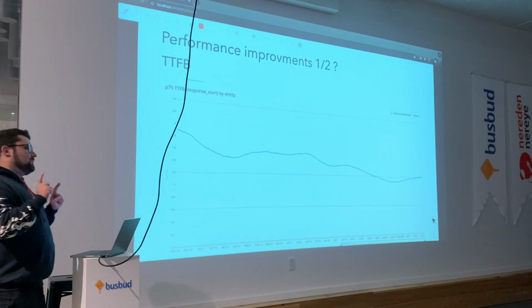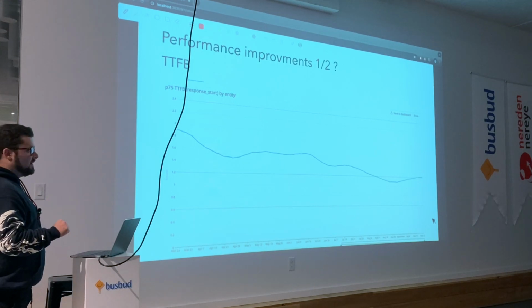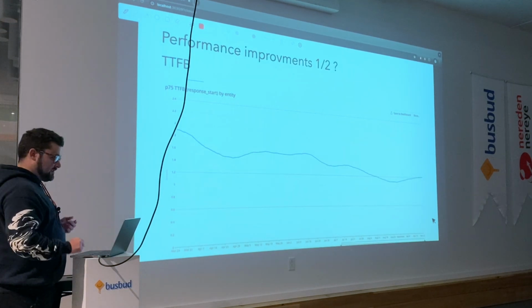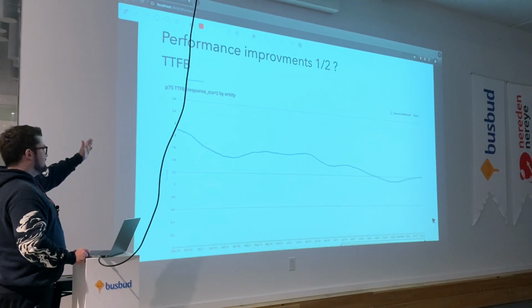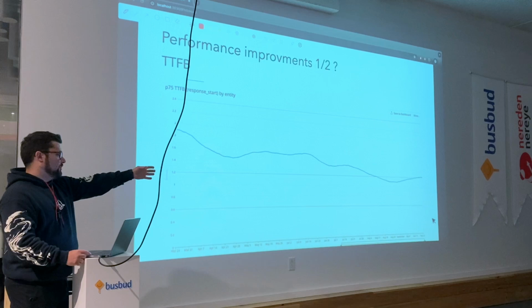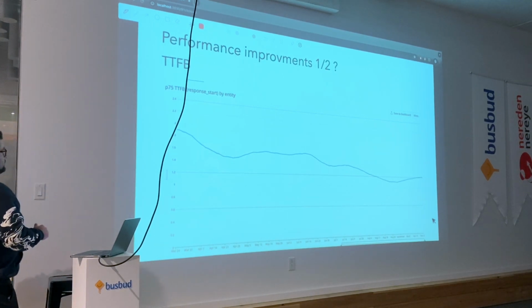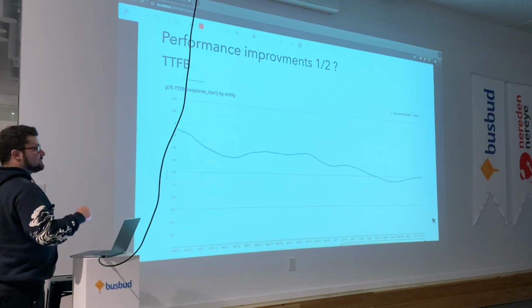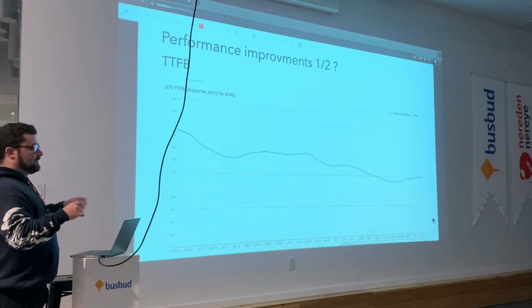The most important thing when you are in a company is how your work is impacting the global picture. The numbers you can see here are from when we started and almost where we are today. It's not exactly true, but the TTFB, for people who don't know, is time to first byte. It's when the user receives the first byte of your server to show the page.